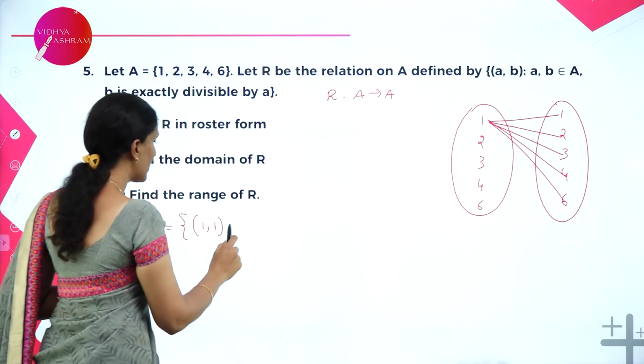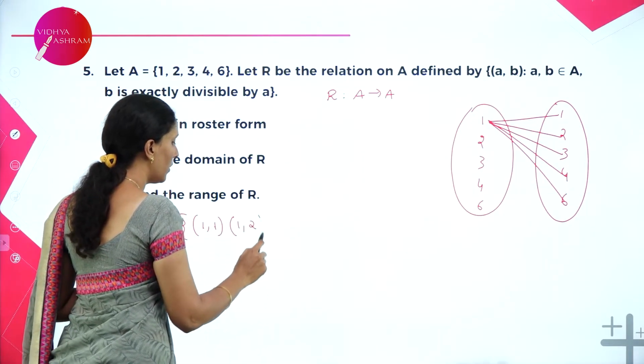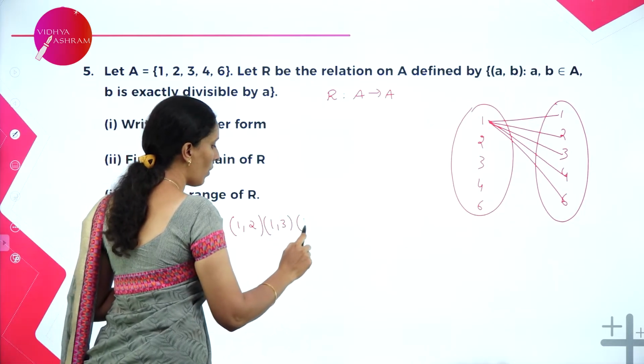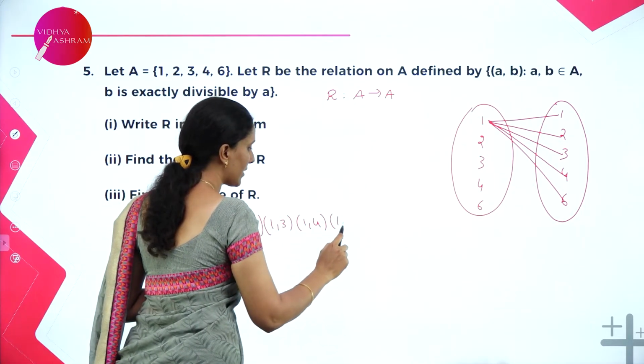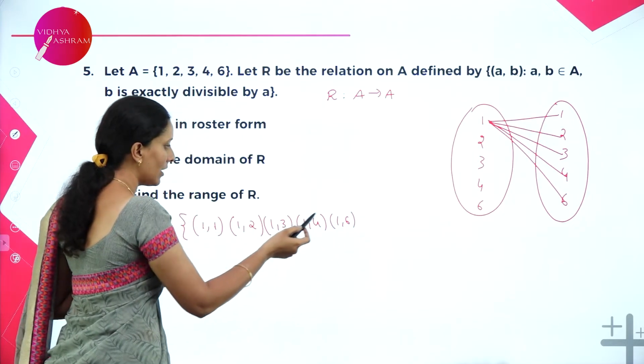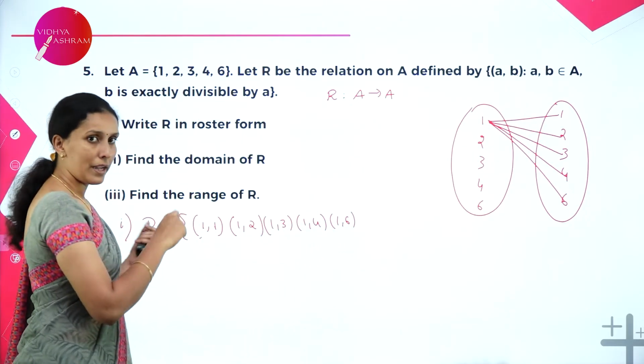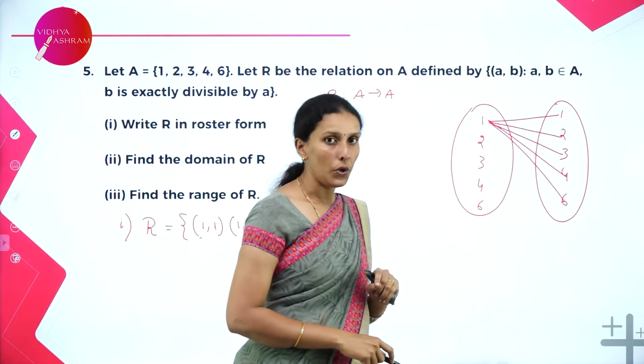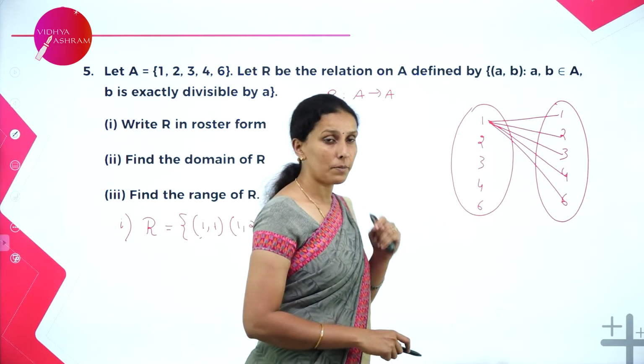Why? Because if I write 1 comma 2, 2 is divisible by 1. I can write 1 comma 3, 1 comma 4 and 1 comma 6 because the second elements are divisible by 1. Next, can I write 2 comma 1? No, because 1 is not divisible by 2.